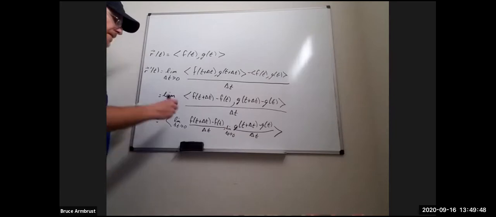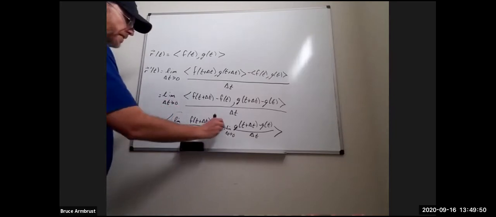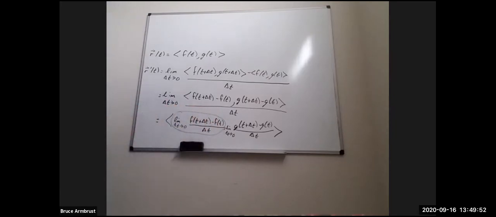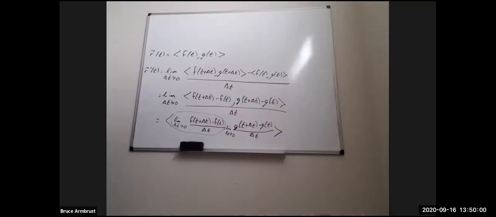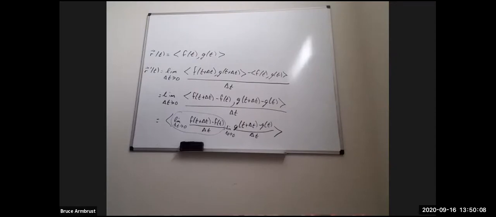Does anybody recognize this? It's the limit definition of a derivative. Yeah, that's just f prime. What about the other one? That's just g prime. So when you differentiate, you just differentiate component by component.